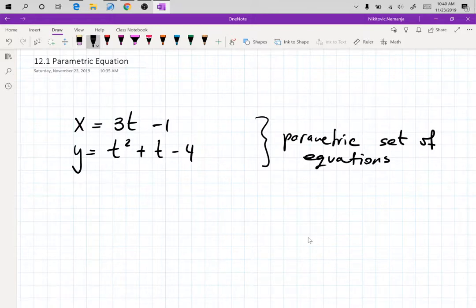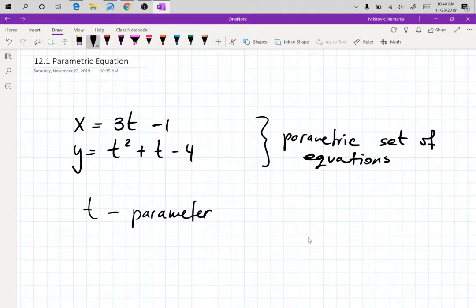What you do here is you have one equation for x dimension, one equation for y dimension, and both of them depend on what we call parameter t. So t is called parameter. And you can think of t as, let's say, time.